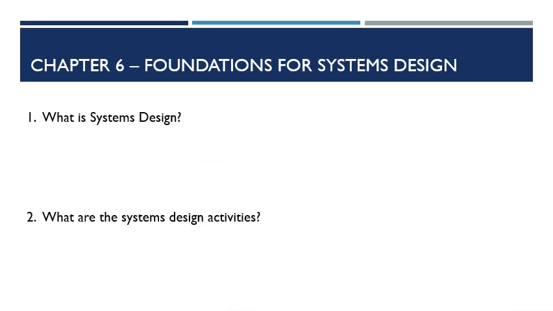Moving on to Chapter 6, the foundation for systems design. So what is system design? Chapter 1 defined the term system design as those system development activities that enable a person to describe in detail how the resulting information system will actually be implemented.